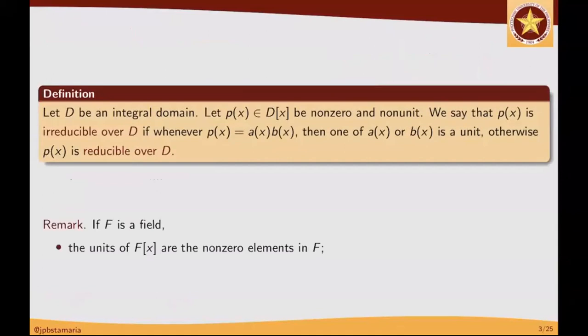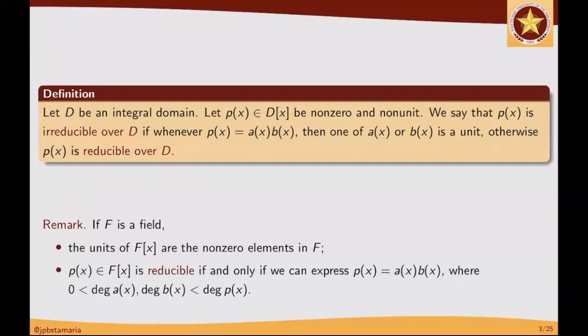Nire-write ko lang naman. May mga comments lang ako. So, in the case when F is a field, kasi pwedeng ang field naman integral domain din. The units are precisely the non-zero elements or the non-zero constant polynomials. Kaya kapag field yung usapan, pag sinabing reducible yung polynomial, ibig sabihin nun, pwede mong i-express si P of x as a product A(x)B(x), where yung A(x) at B(x) na to, ang mga degrees nila mas maliit sa degree ng P, at parehas positive ang degree.